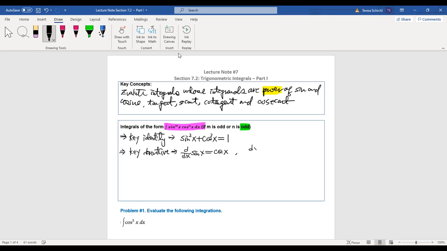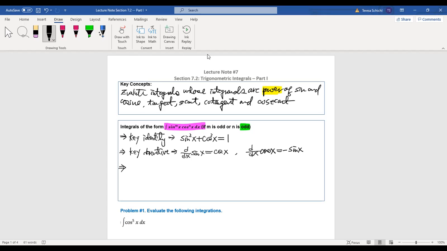If I take the derivative of cosine x, it's negative sine x. You will see later, when we do the examples, why we need these key derivative formulas.